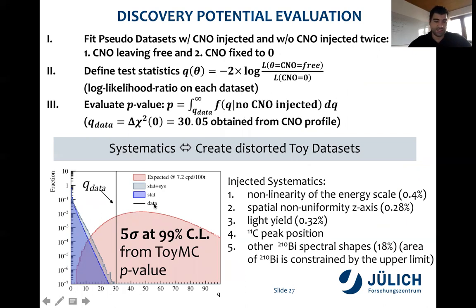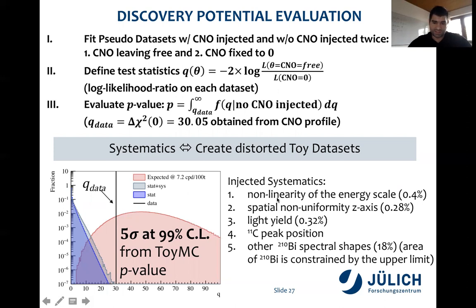And you can see here on the bottom plot the statistical-only distribution, which is shown in blue. Then we have also the distribution of the delta chi-square of the test statistic with injected systematics. And here in pink, you have the distribution of the test statistic with a signal injected at the expected rate we have obtained.